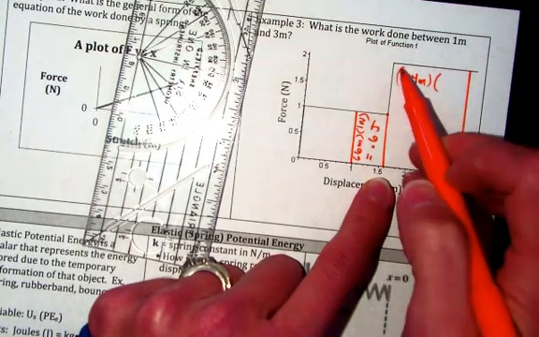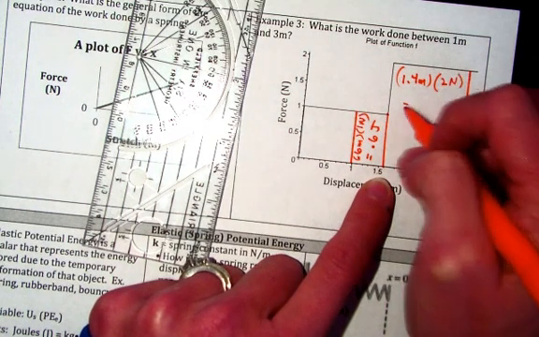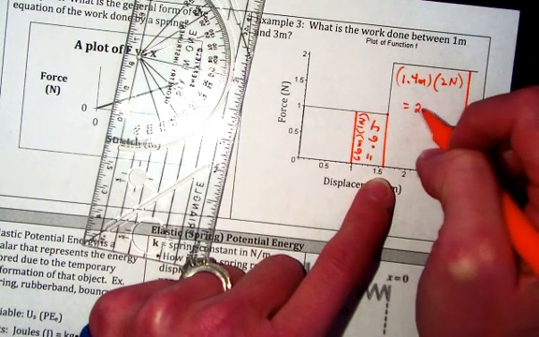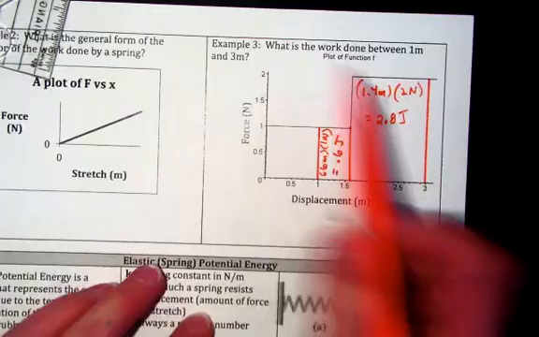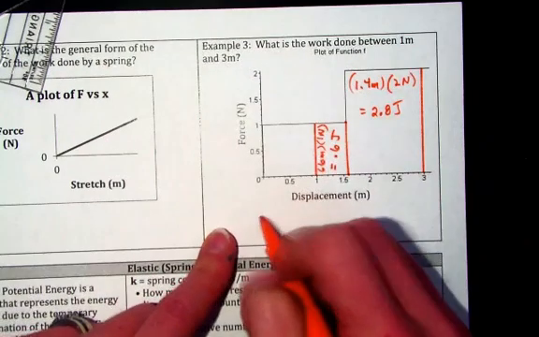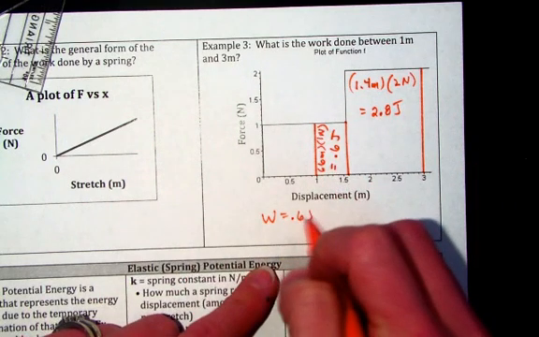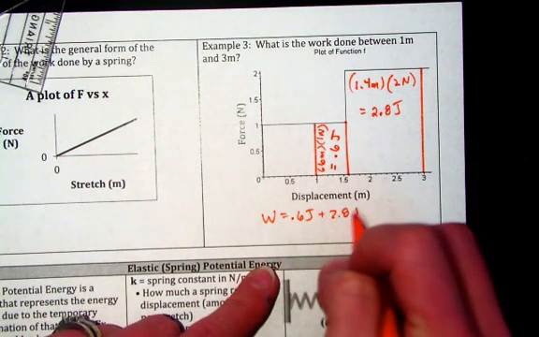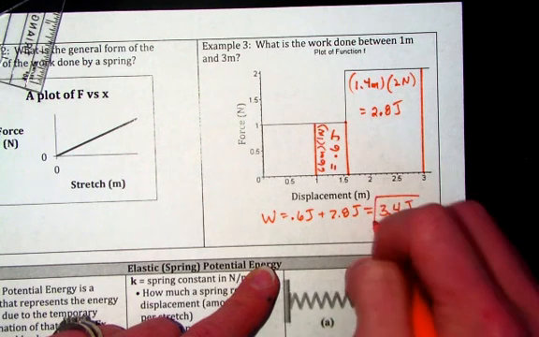And the force during that 1.4 meters is 2 newtons. So this equals 2.8 joules. So the work done during that time is just going to be the sum. So this is 0.6 joules plus 2.8 joules equals 3.4 joules.